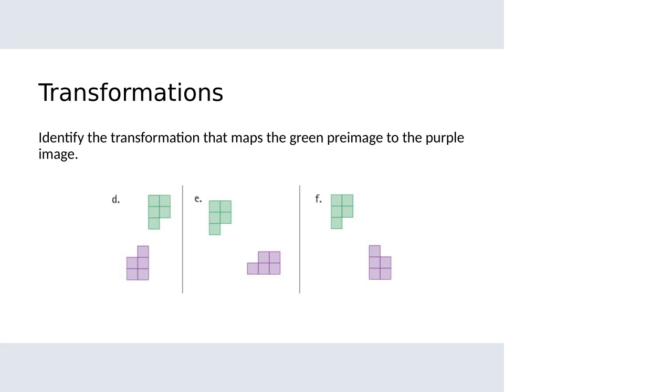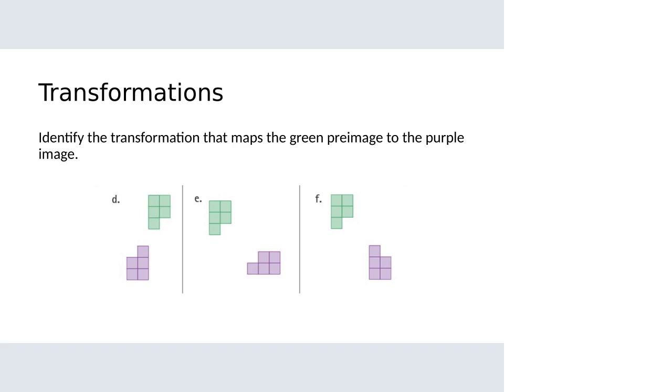Look at a couple more of these. So try these 3 and see what you come up with. We're starting with the green pre-image and ending with the purple image. I will say that F is a borderline trick question, but it won't be when I tell you.